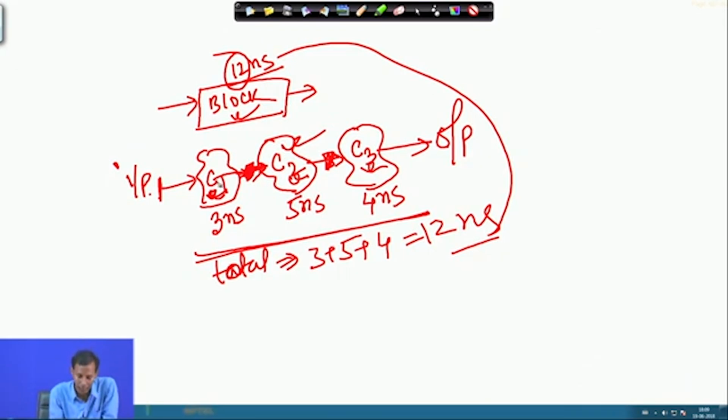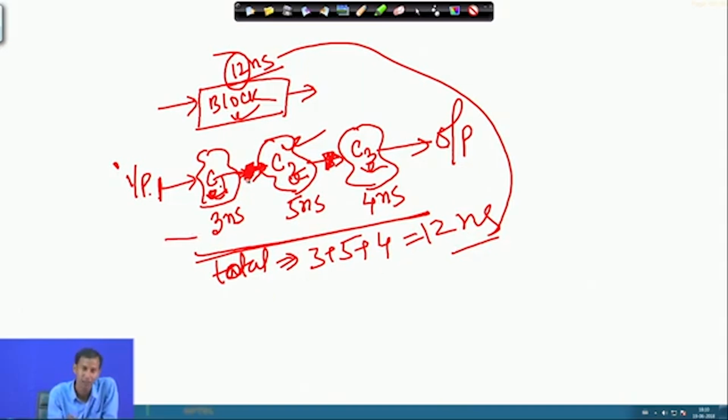If I had not put this register, then whenever C2 was producing output, there would immediately be a change in C2, and whenever C2 is producing the data, C3 would immediately process it. That is why the total time was added up to 12 nanoseconds.